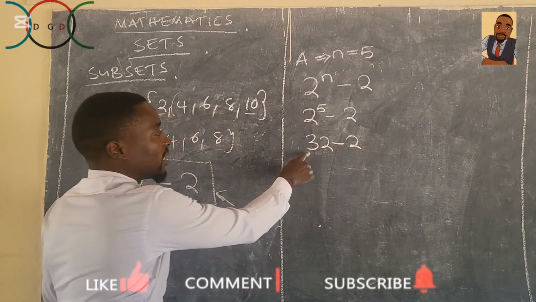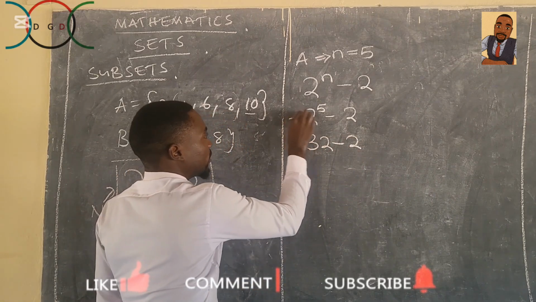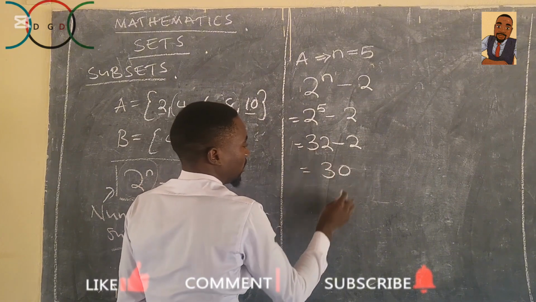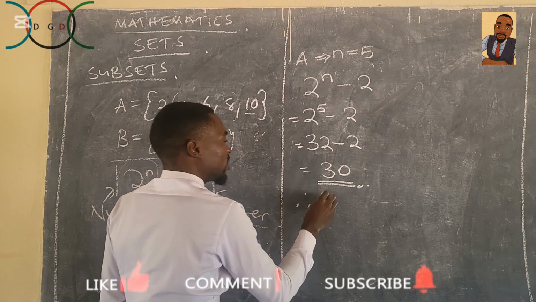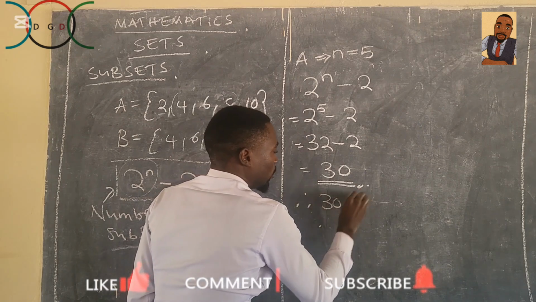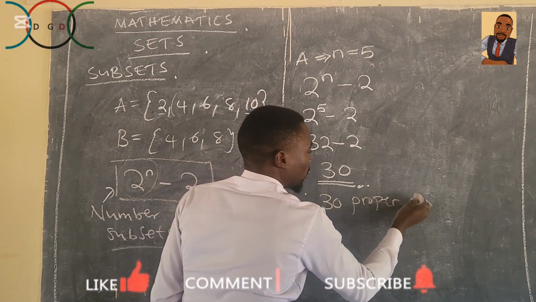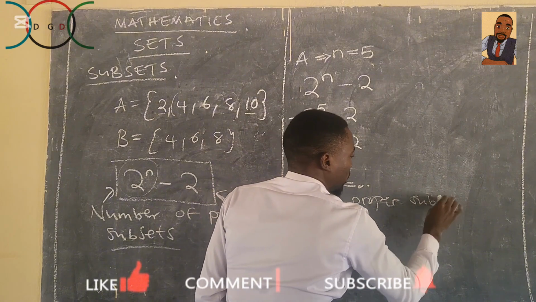Then 32 minus 2 gives us 30. So we can conclude by saying our set A has got 30 proper subsets.